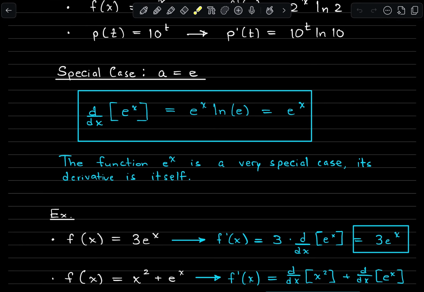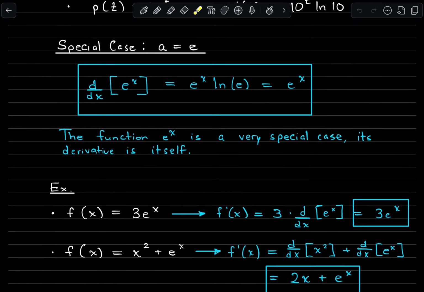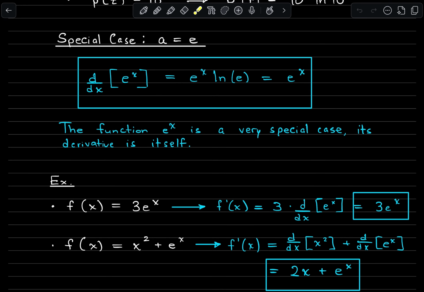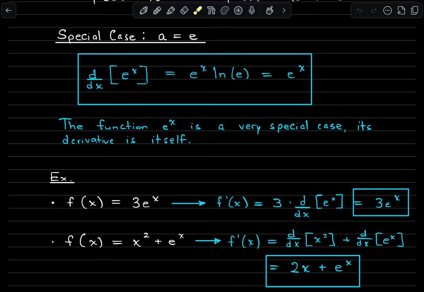Okay, now you could have e to the x in combination with something like x squared, and by the sum rule of derivatives, you're going to take the derivative of the first term, and then the derivative of the second term. By power rule, the derivative of the first one is 2x, the second one will remain e to the x.